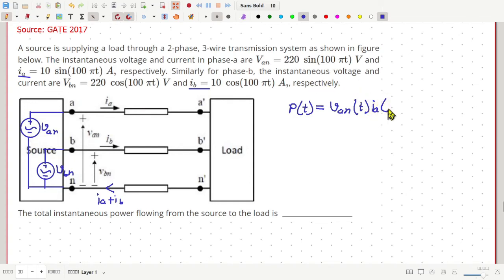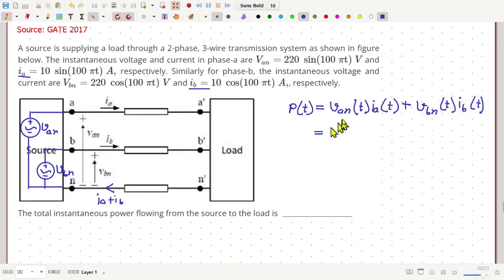This is also a function of time, plus from this source we have the voltage VBN and a current of IB flowing through it. So VBN(t) multiplied by IB(t).